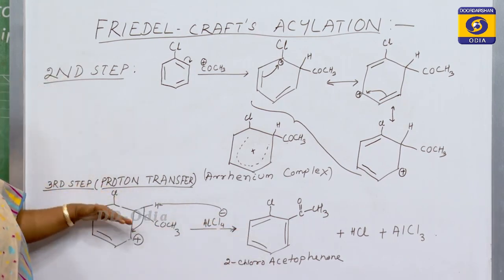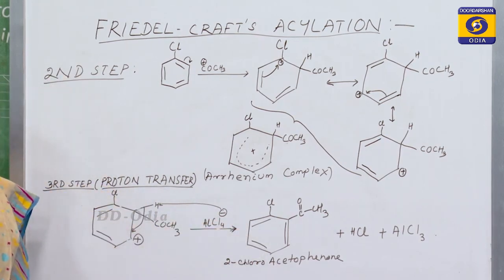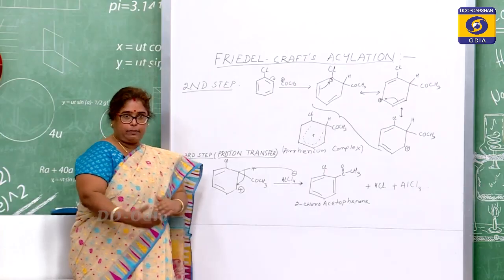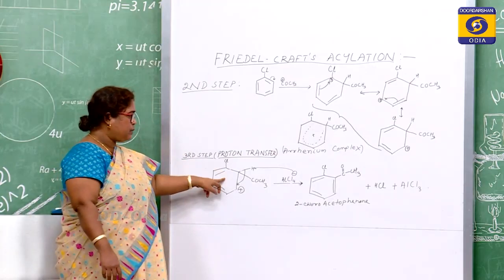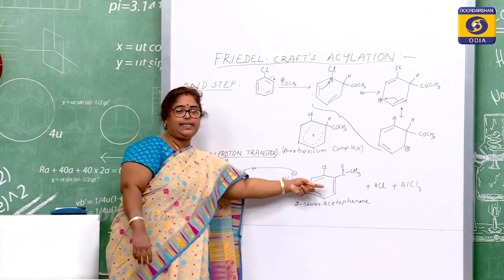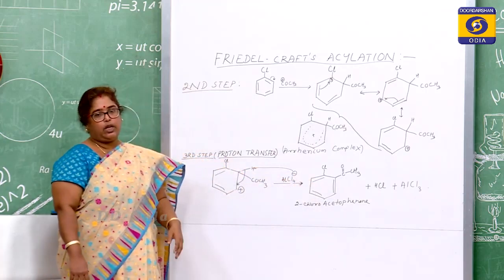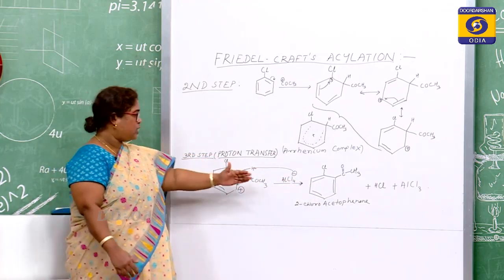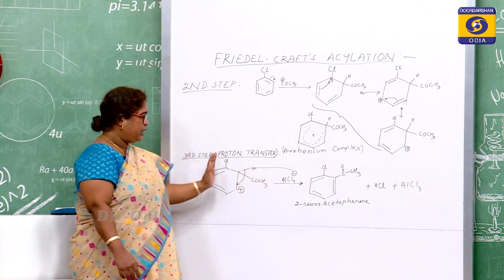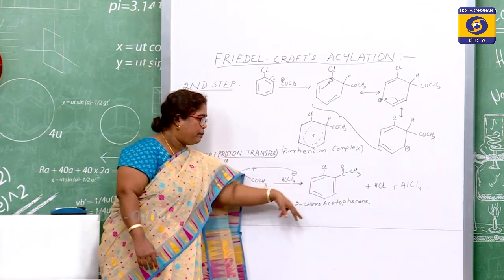So, this proton transfer step is a fast step. Why? Because in this process the aromaticity of the benzene molecule is regained. So, it is the fast step and we get back our product.